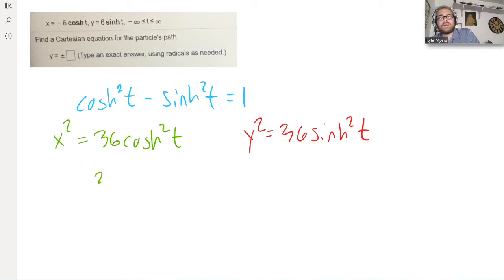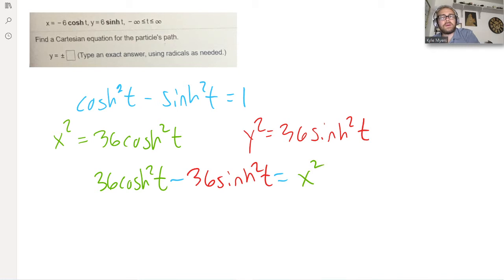So 36 cosh squared t minus 36 sinh squared t would be equal to x squared minus y squared. I'm trying to color code here so you can see how I set it up. And on the left side, we basically have 1.